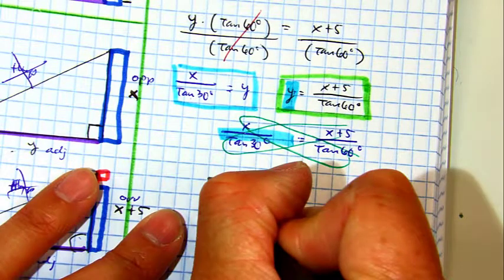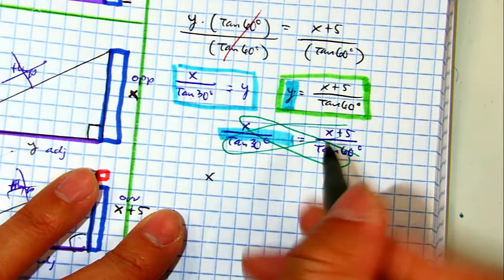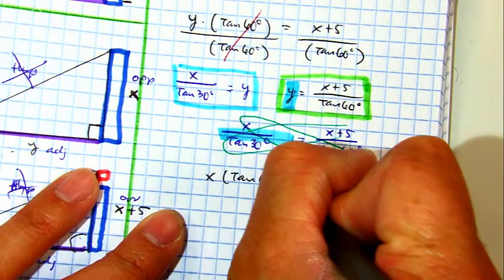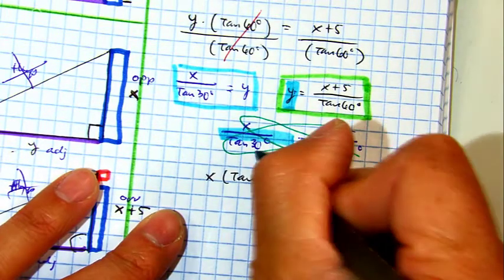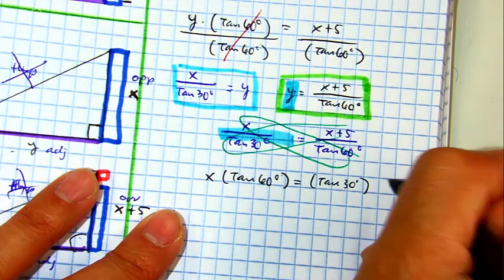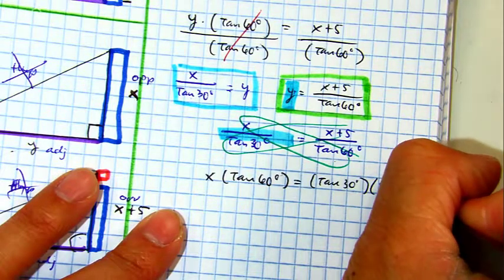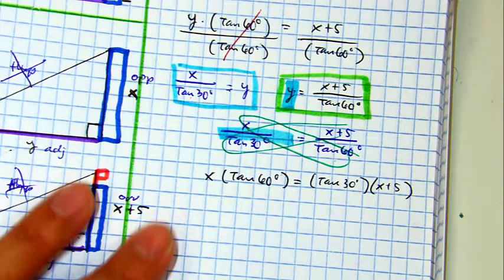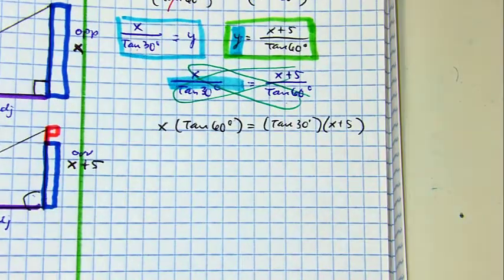X times tangent of 60 equals, pay attention here, tangent of 30 times x plus 5. We're okay so far?